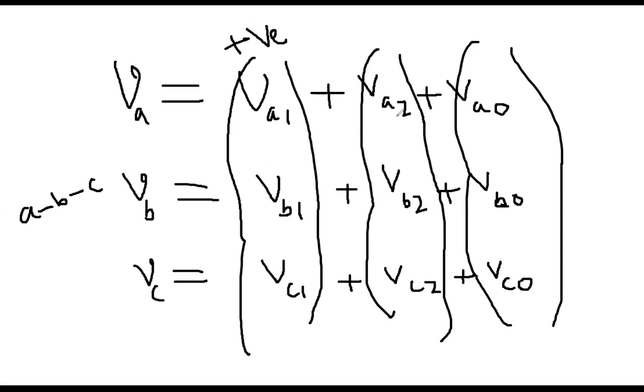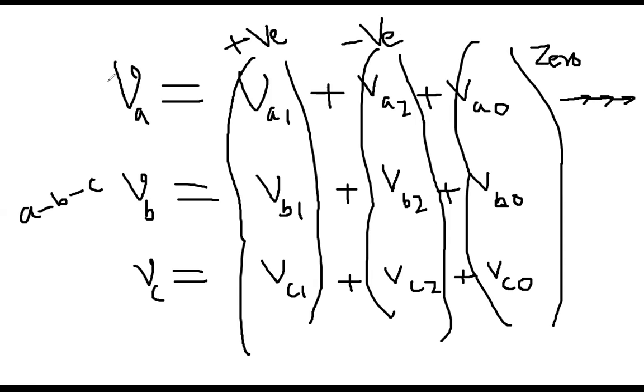And this one, VA2, VB2, VC2, the letter 2, 2, 2, is the negative phase sequence. And this one, 0, 0, 0, is called the zero sequence. This means that although these are A phase, B phase, C phase, they are in zero sequence. They don't have any phase difference. For example, this is VA0, then on the same line this VB0, on the same line the VC0. That's why it is called zero sequence.